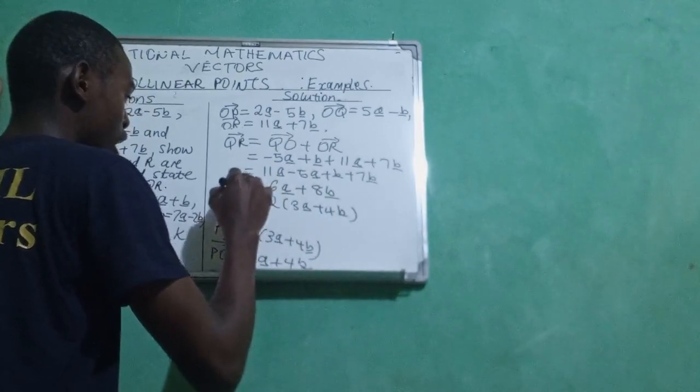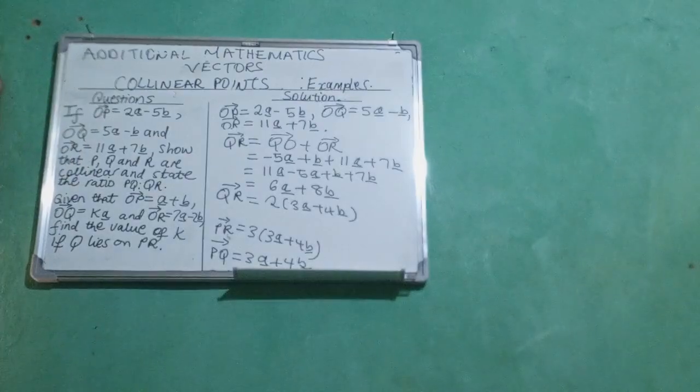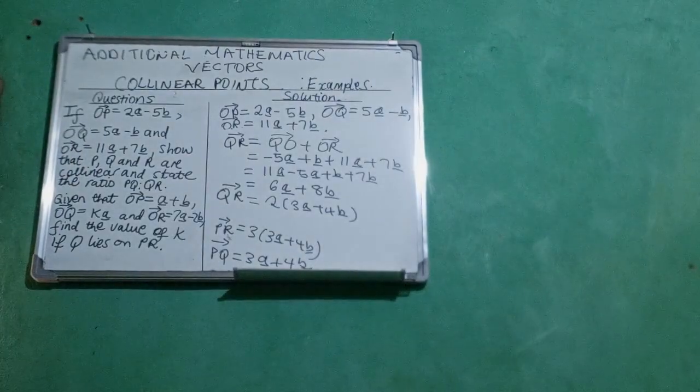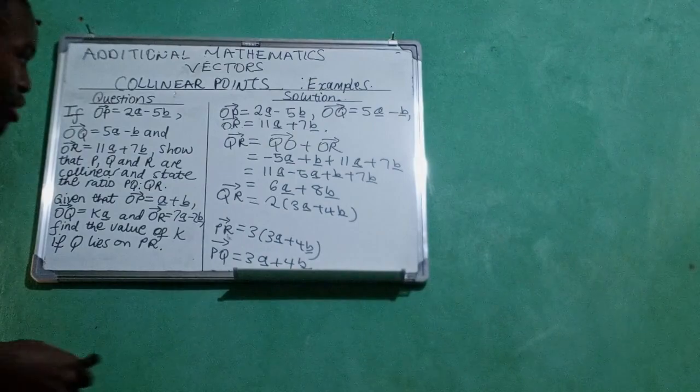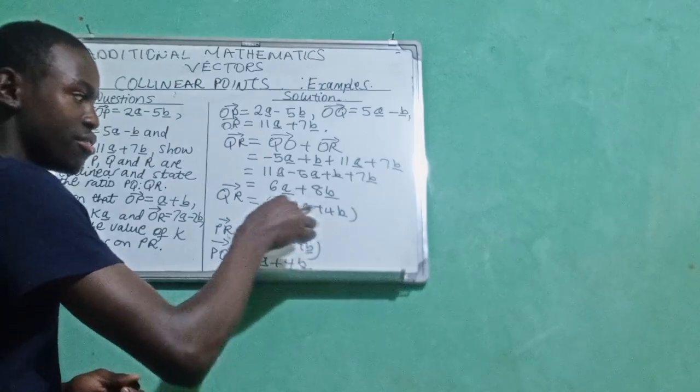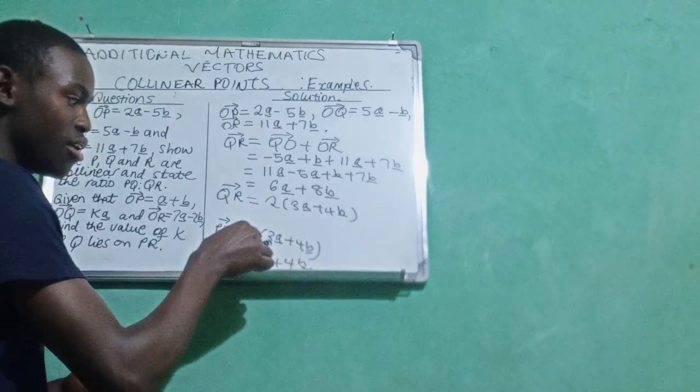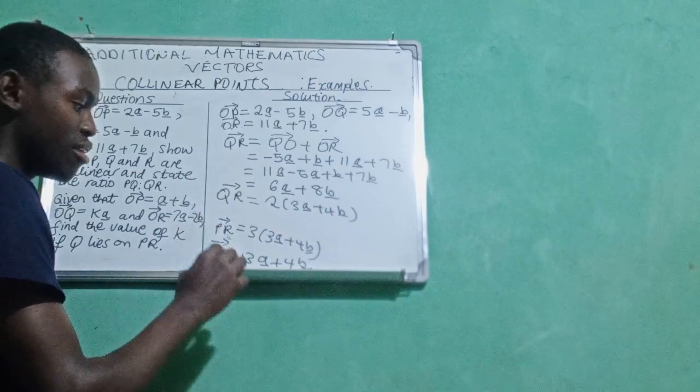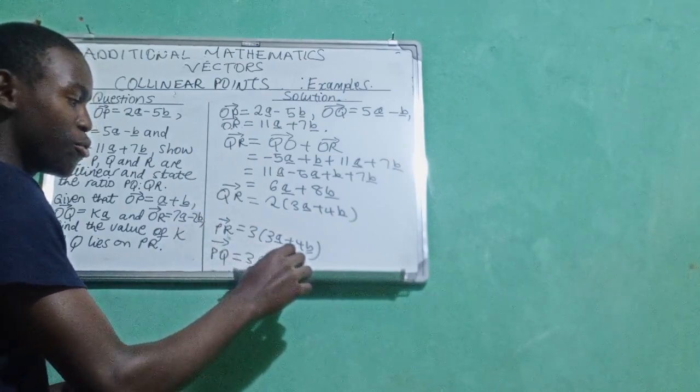That is your QR. So what you need to note about collinear points is that they have a common vector. The common vector is this that is in the brackets, 3A plus 4B. Here 3A plus 4B, then here it's just 3A plus 4B.